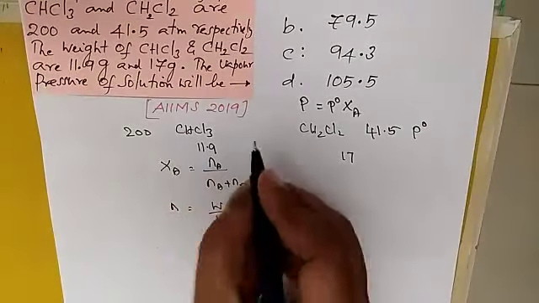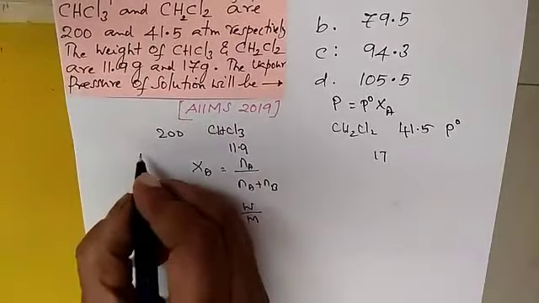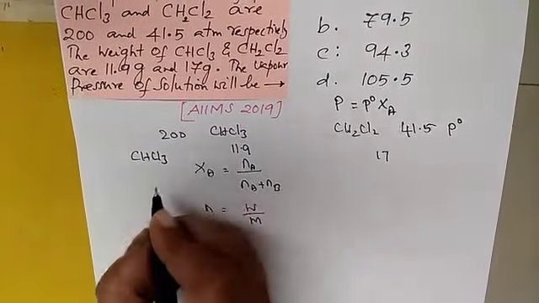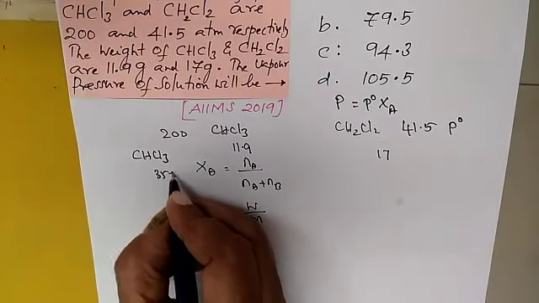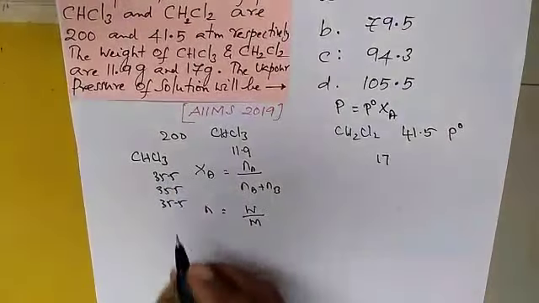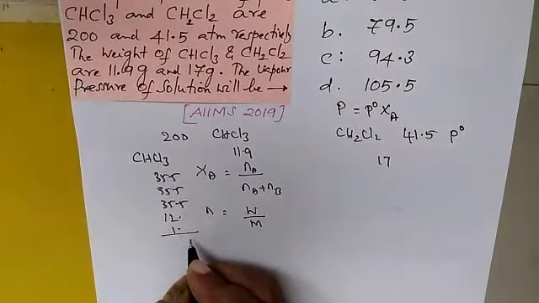Now let us see the CHCl3. For this, the molar mass: 35.5 for 3 chlorine, 1 carbon and 1 hydrogen. Add everything.